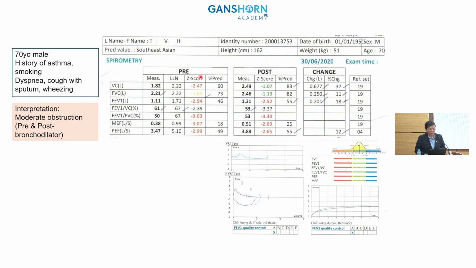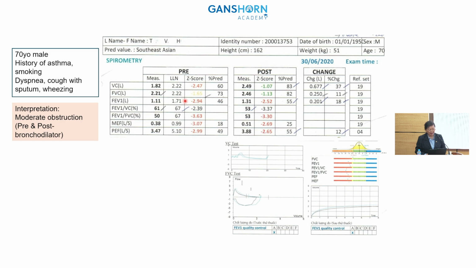And so we take a look at that, and the FVC is just at the limit. And the ratio is just 50 in comparison with 67. So he has obstruction. And for the severity, we look at the FEV1, and it is minus 2.94.